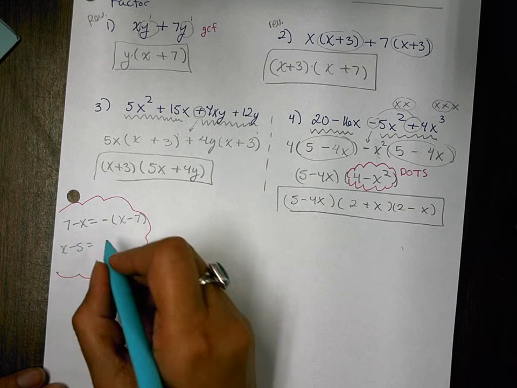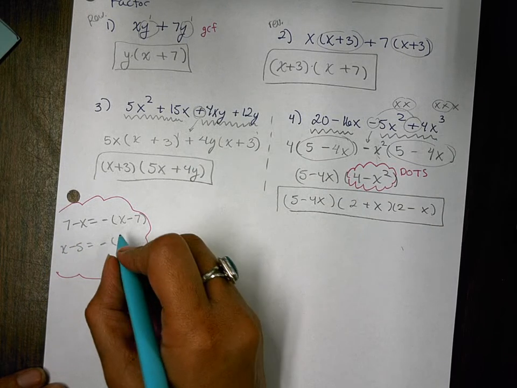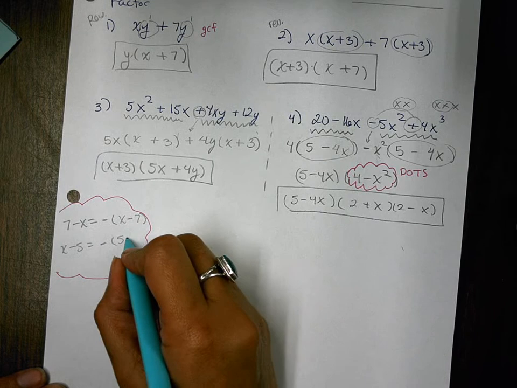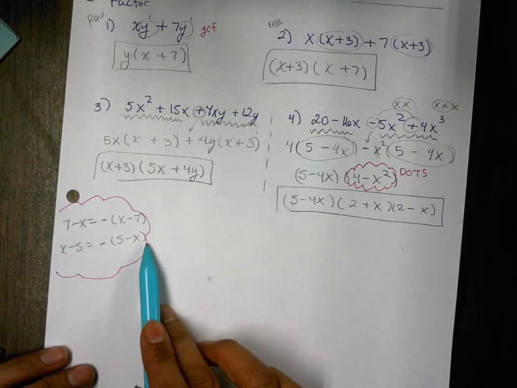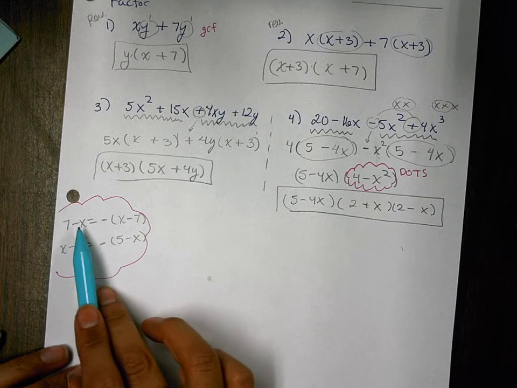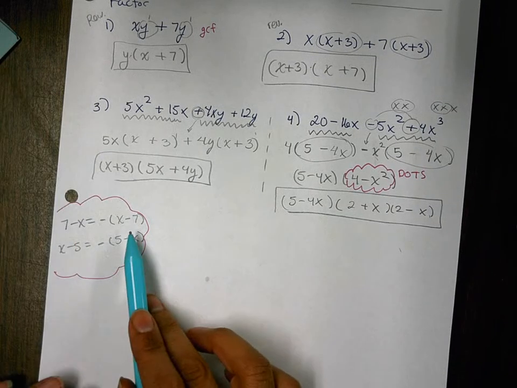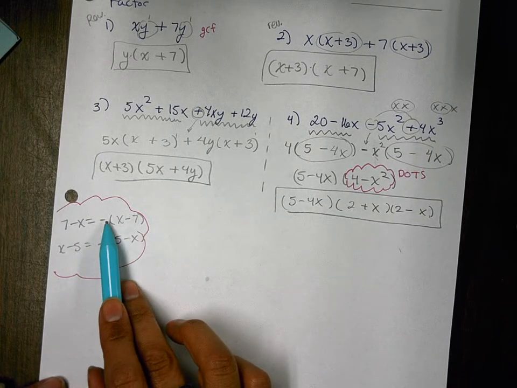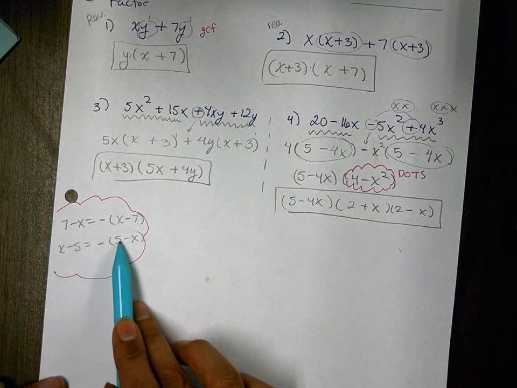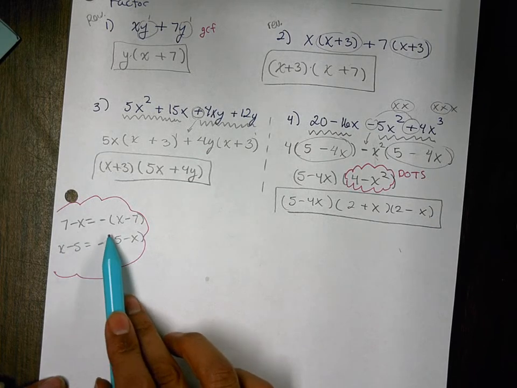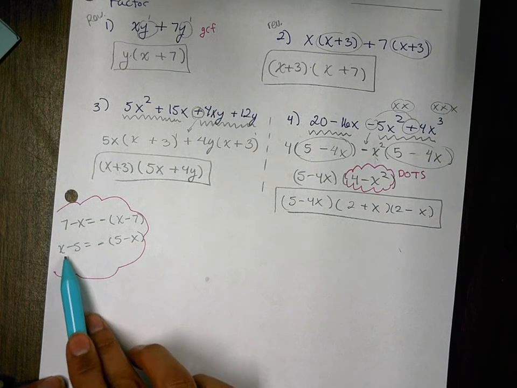You'd pull out a negative, it would make that negative 5 positive and that x negative. So pulling out a negative pretty much flips what's on the inside. Do you see that? 7 minus x became x minus 7. Now if you were to distribute that negative, you'd get negative x plus 7, which is the same as that there. Negative 5 plus x, which is what we have there.